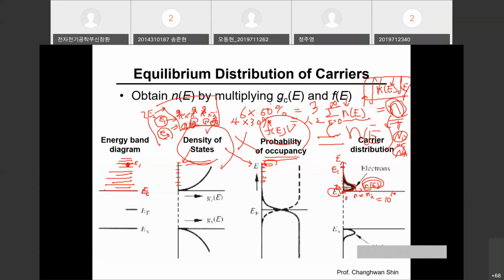Then in the upcoming week, I'm going to briefly review the density of states and probability of occupancy. Then we will keep moving forward to understand how free electrons flow current in the MOSFET, PN junction diode, and MS diode. Those free carriers are distributed in the conduction band.